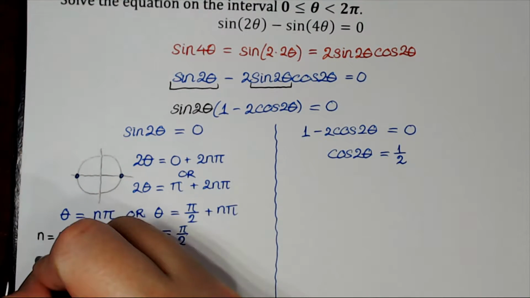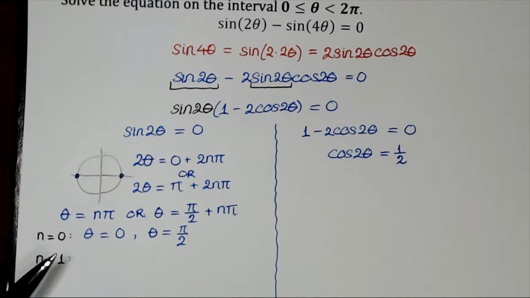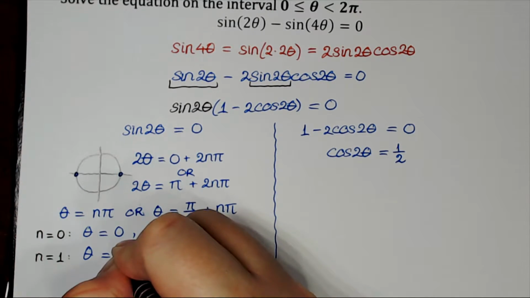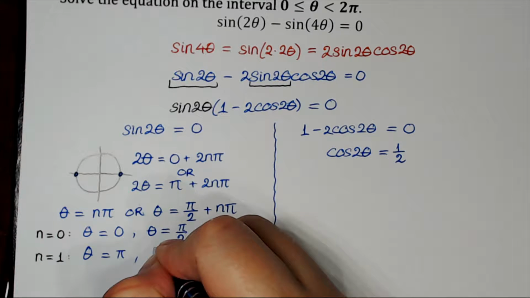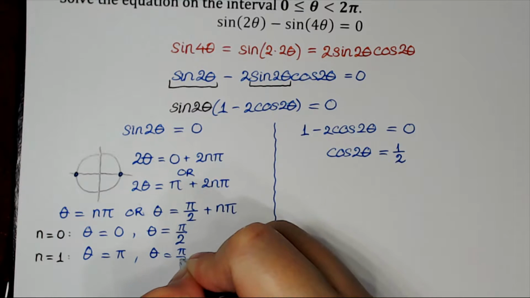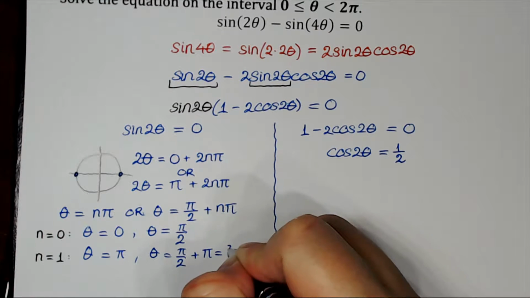Then we choose n equal to 1. If n equal to 1, put 1 here, we have theta equal to pi, which is good because that's still between 0 and 2 pi. And then if we choose n equal to 1 here, we have pi over 2 plus pi, which is 3 pi over 2.